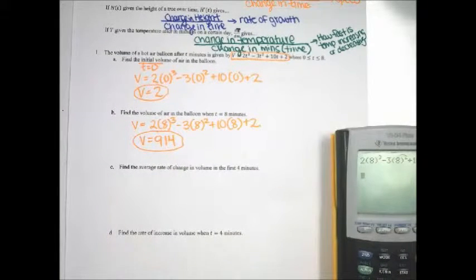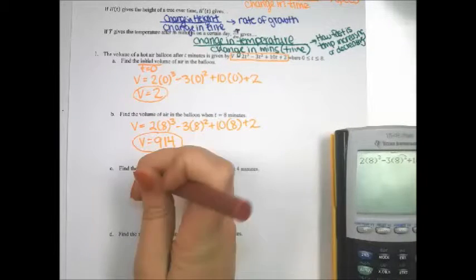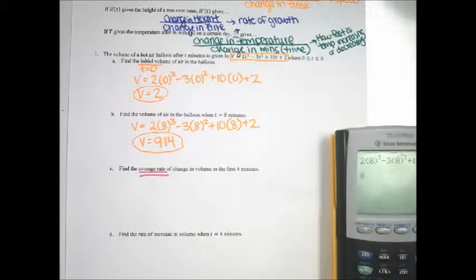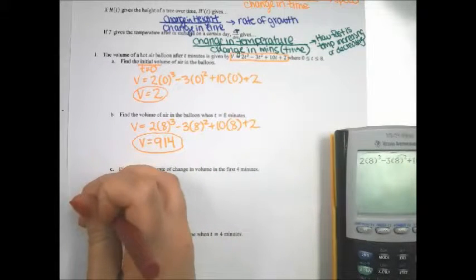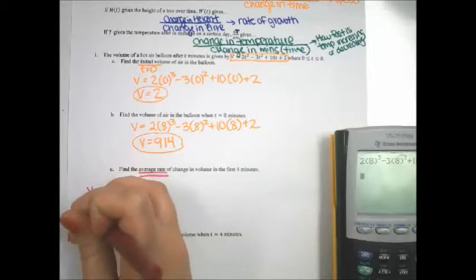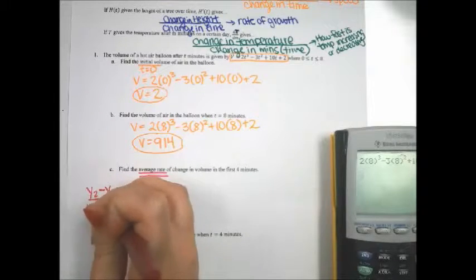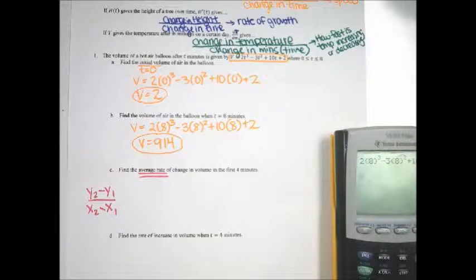Part C says find the average rate of change, okay? Average rate of change. Notice this does not say instantaneous rate of change. It doesn't say gradient. It just says average rate of change. So this is going back to our very first or second section of chapter 20, where we used our slope formula in order to find our average rate of change.